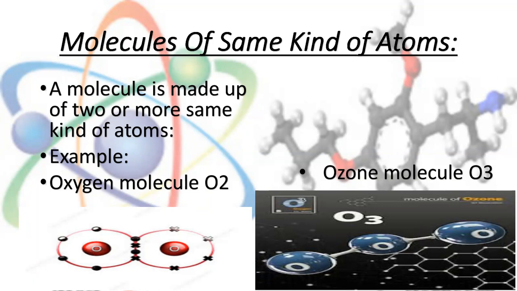When these three combine chemically, they form a molecule, and this is called the ozone molecule or molecule of ozone. Clear? This is the example of a molecule made up of the same kind of atom.